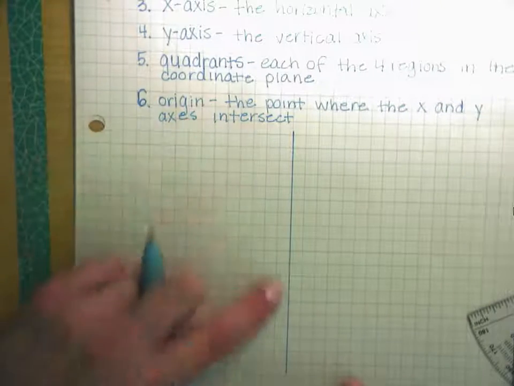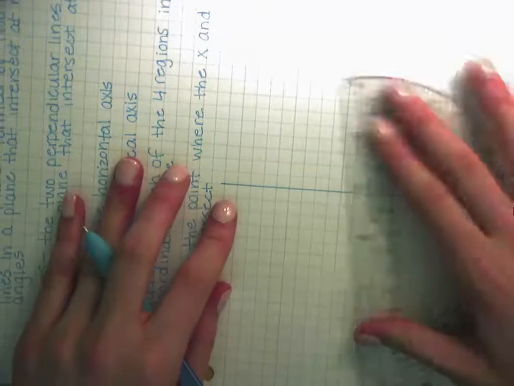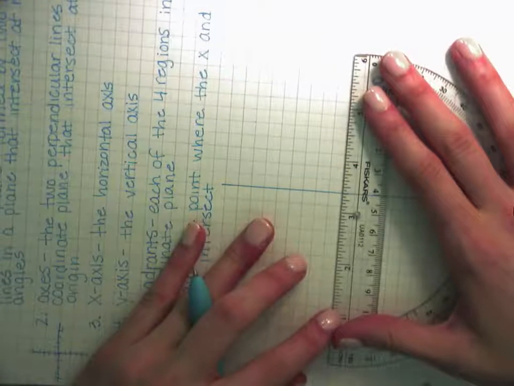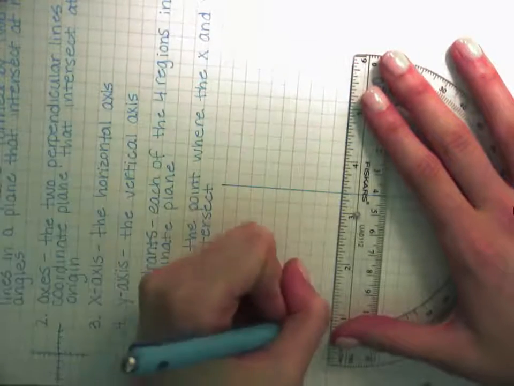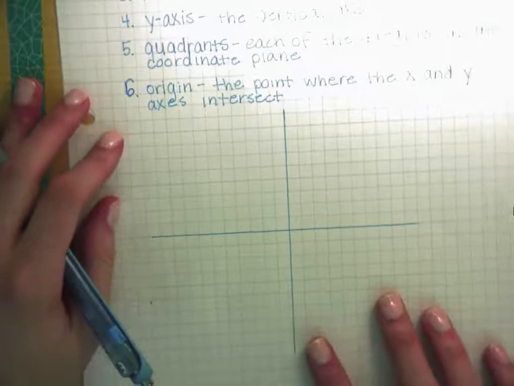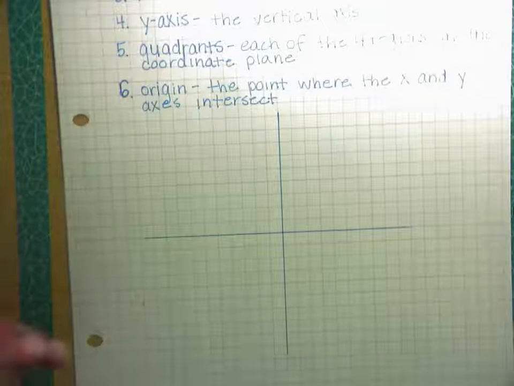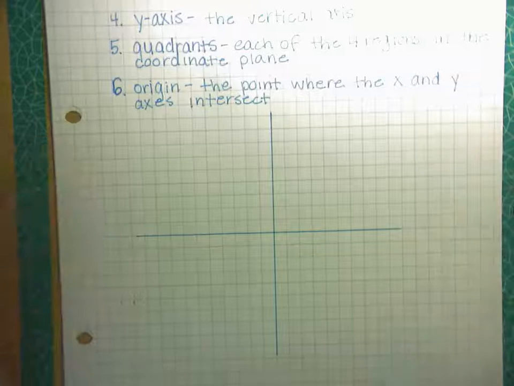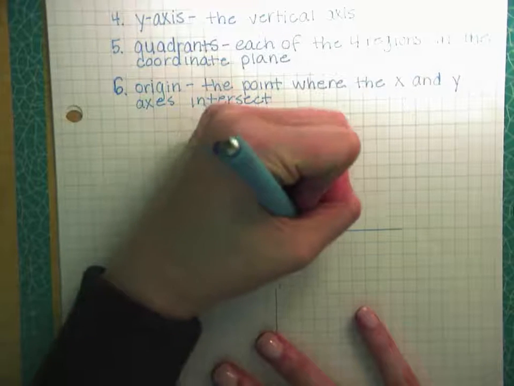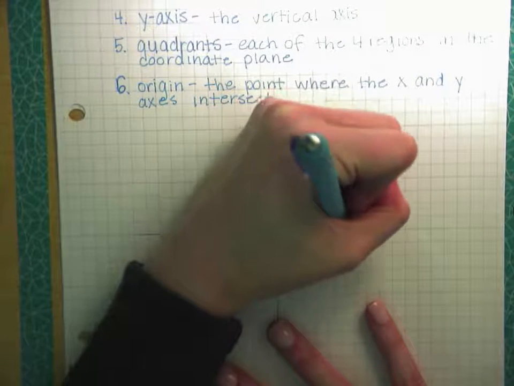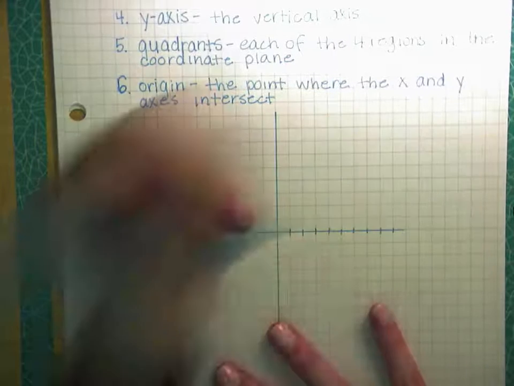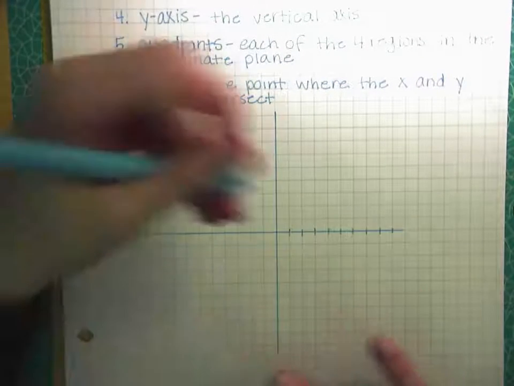We're going to do one vertical line and another horizontal line. Then we need to put in our tick marks. I'm just doing this along each of these little intervals.